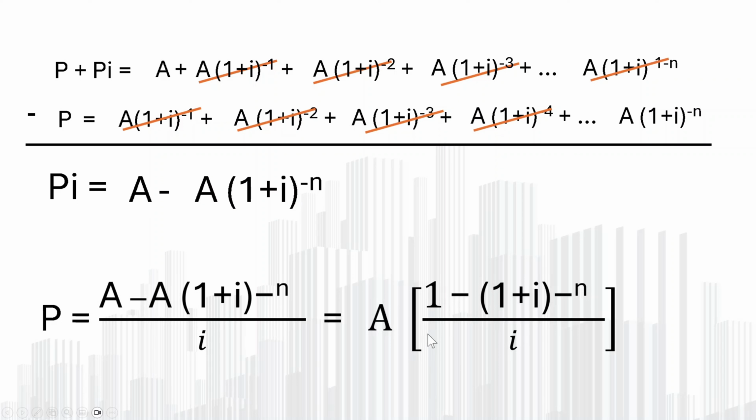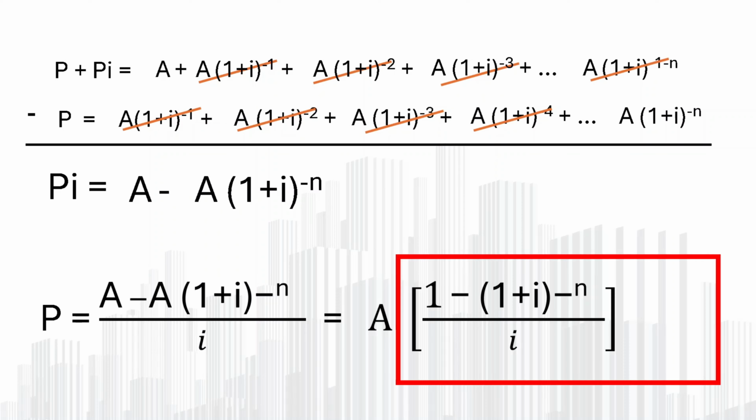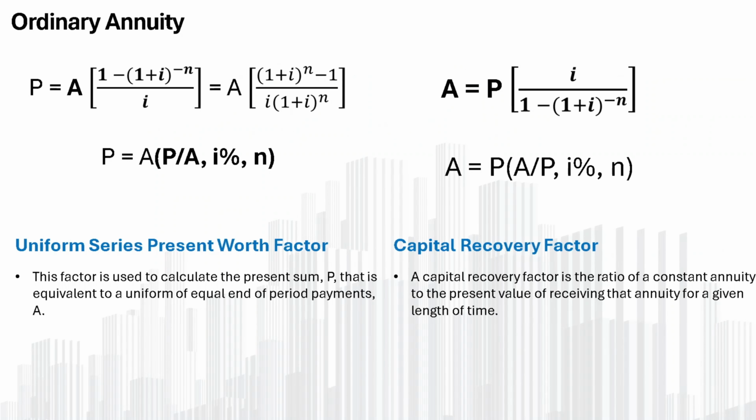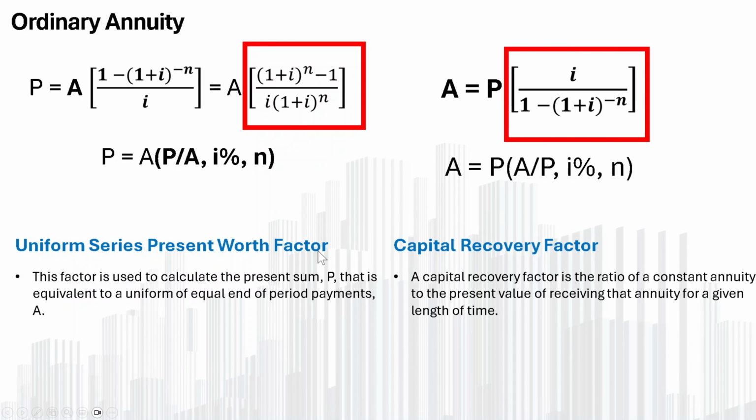This is our present worth annuity equation, where present worth is equal to annuity times 1 minus 1 plus i raised to negative n, divided by the interest rate. This one in particular is called the uniform series present worth factor, the items in the bracket. I just added the definitions here so that you have information on what it is.